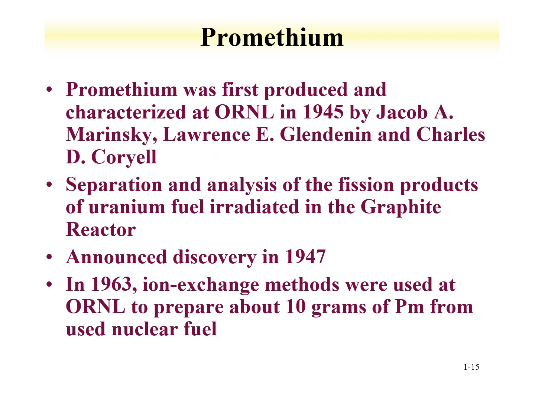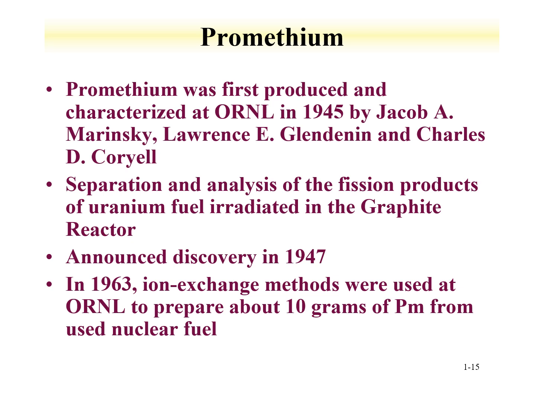Promethium was first produced at the Oak Ridge National Laboratory in 1945 by primarily Coryell and others listed here. It was from a fission product. There was a lot of work going on in understanding the reactions of fission, getting materials from the fission, including plutonium, separating out the lanthanides.